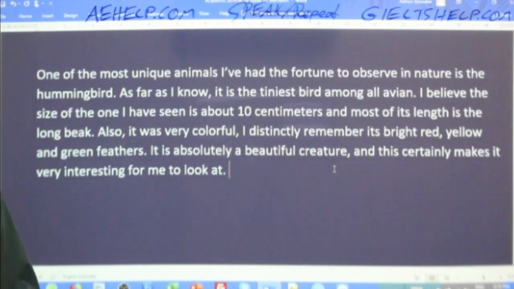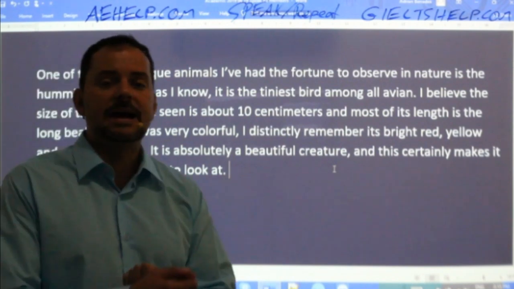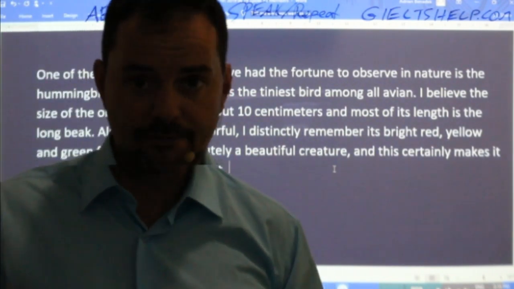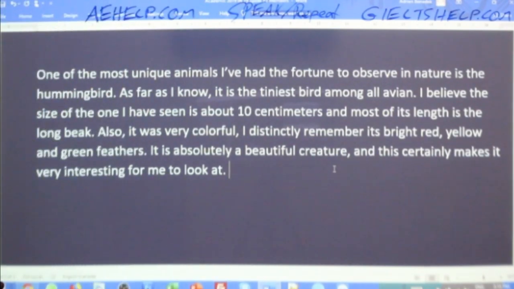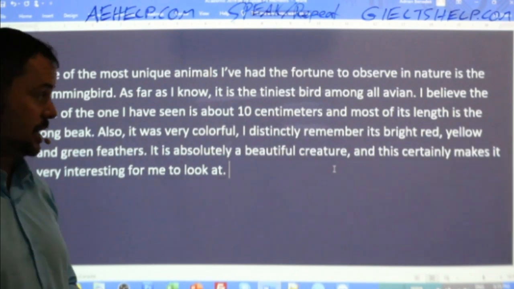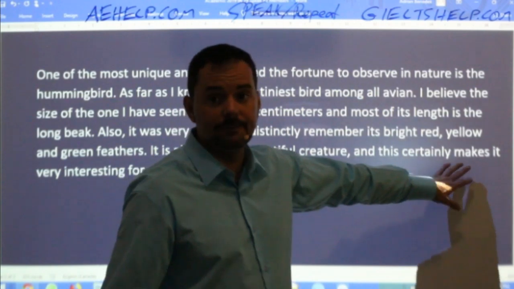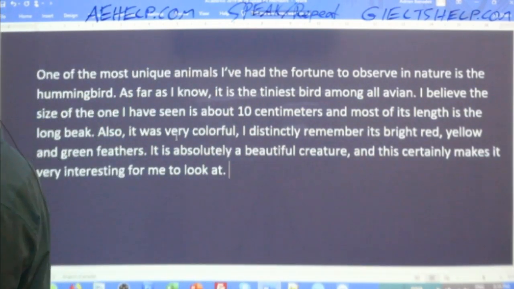Was is okay, Preeti, because remember the question is talking about an interesting animal that I have seen. So here I can use the past tense, the past perfect, the present perfect, and I can use some present, but not with the verbs. Okay? So here it should be made.